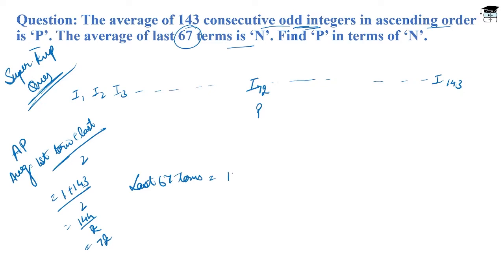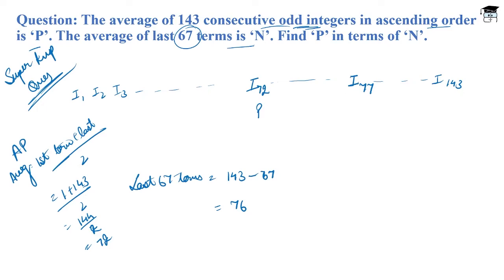It would be 143 minus 67, so 143 minus 67 is equal to 76. So I 77. Why have I written 77 here?